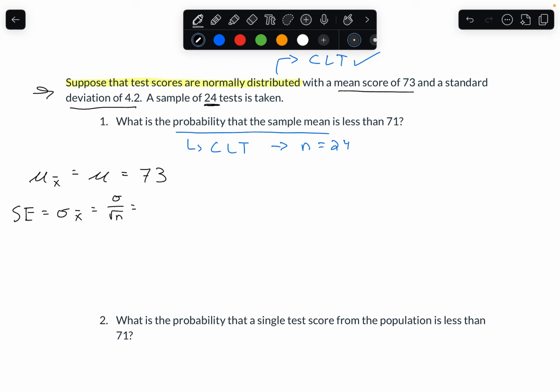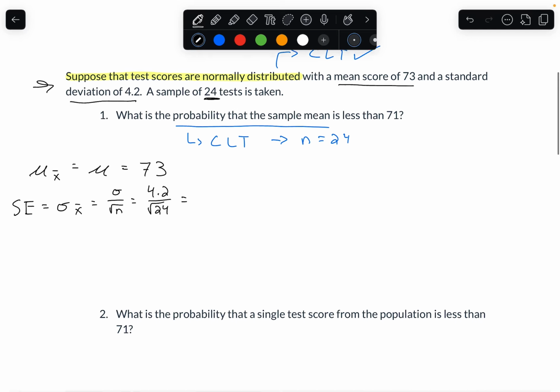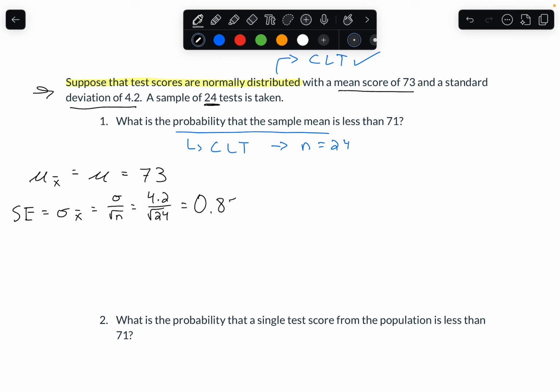So my standard deviation was 4.2 divided by the square root of 24. Grabbing my calculator here, 4.2 divided by the square root of 24, I ended up with 0.8573. I'm going to give all 4 decimal places just in case I need them.